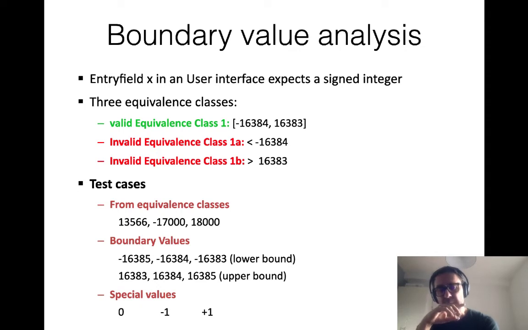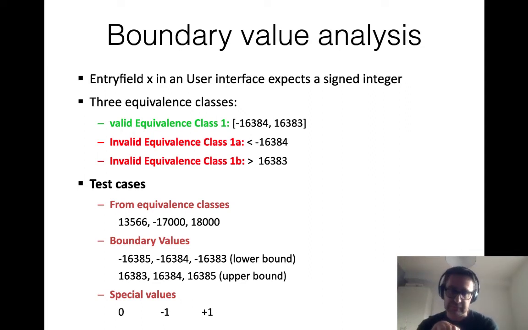So from the equivalence classes, we can select 3 test cases. We sample some random number in the valid one, and here we selected 13,566. We sample one in class 1A, which was minus 17,000, and then from class 1B was 18,000.